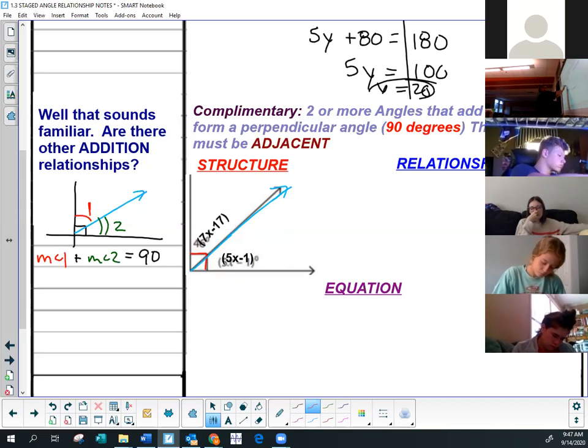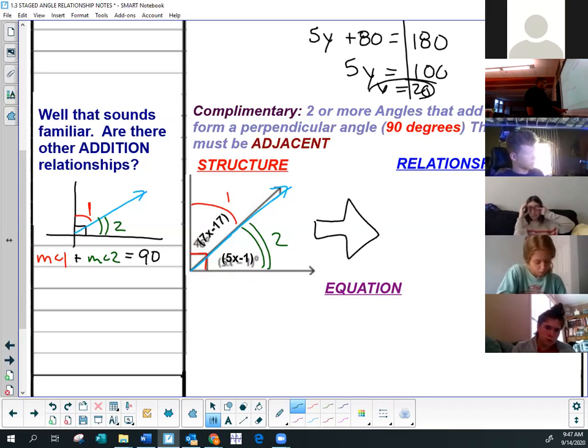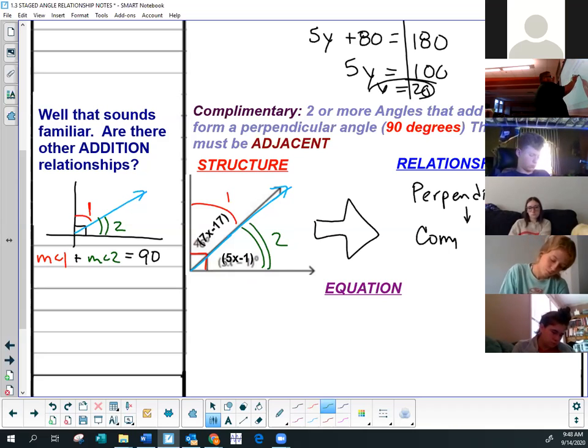But we clearly have an angle 1 and an angle 2. So the relationship here is that you basically have perpendicularity, but that means we really have a complementary relationship.